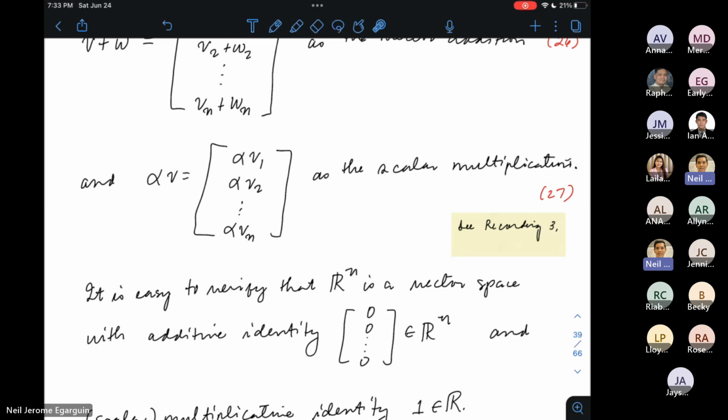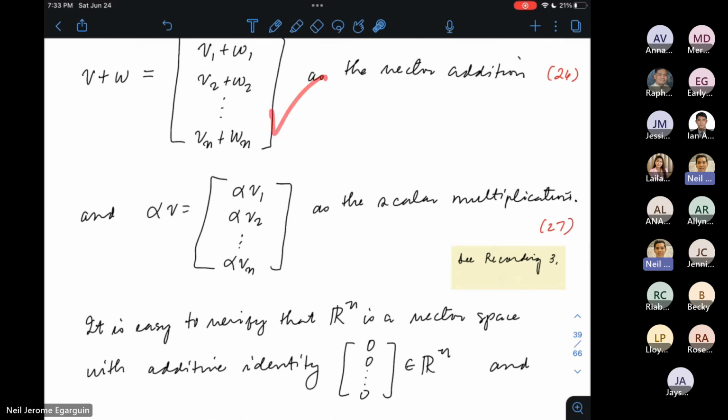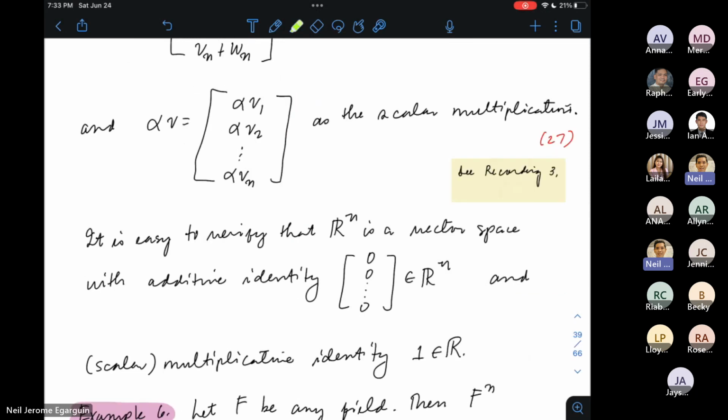And then if we have these structures, V is Rn, F is R, vector addition is this, scalar multiplication is this guy, then we will get a vector space. Si R to the n ay isang vector space. Tatanungin ko pa sana pero na-spoil na nung notes na ang additive identity ay si 0, 0, 0.